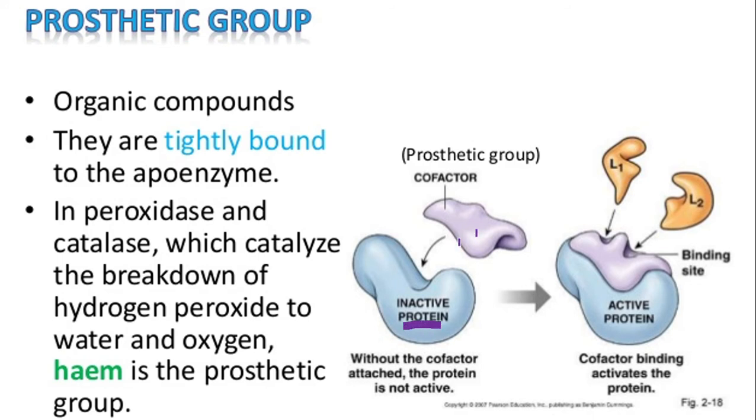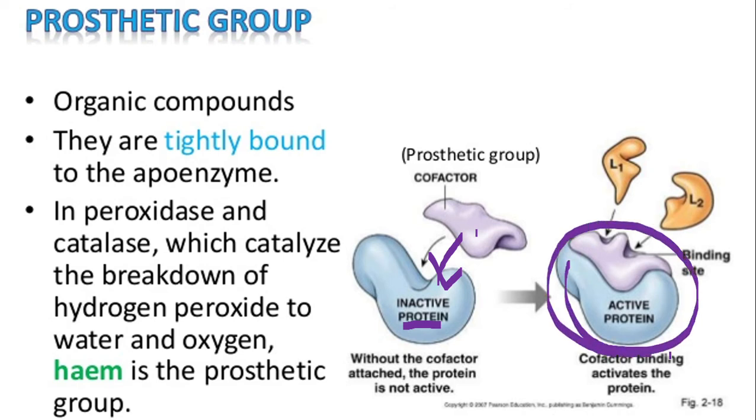Now the cofactor is going to bind with it in a tight manner. When it is binding tightly, we call it a prosthetic group. Binding tightly means what? Using covalent bonding. Now this assembly is actually the active holoenzyme. Now the enzyme is activated. It is ready to act upon the substrates.